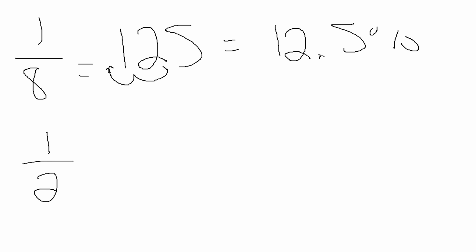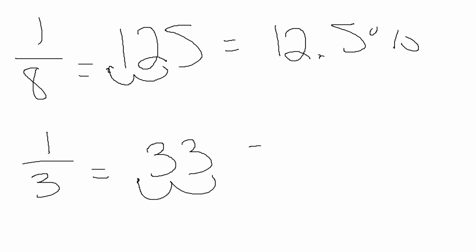Now, if I ask you to convert 1/3, if I divide 1 divided by 3, I have 0.3 for all of eternity. Because it never ends, I'm going to round it to 2 places, and it just stays at 0.33. Move it 2 places, 1, 2, and I get 33%. All right, that's how we're going to do these.